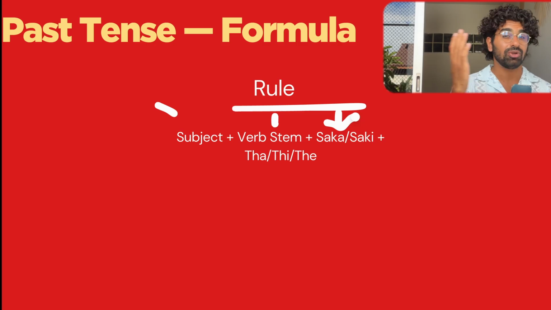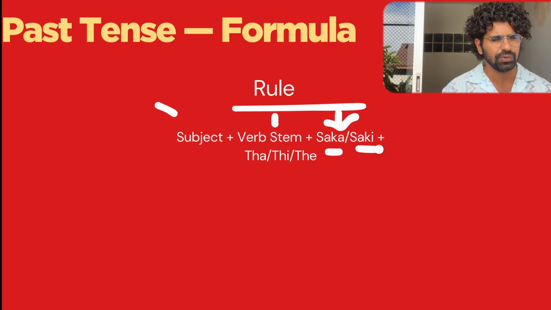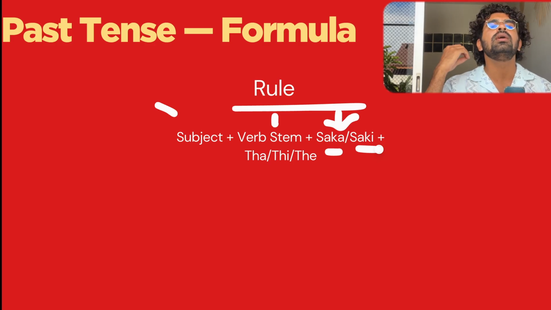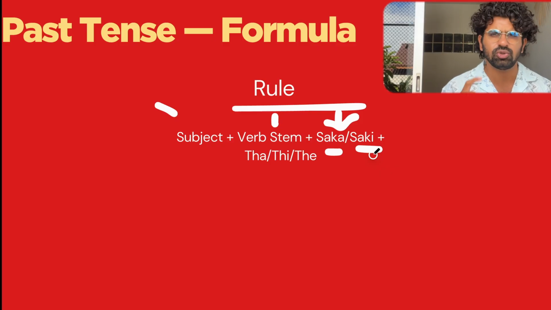From present tense, now it has gone to past tense. And that would be saka for masculine, saki for feminine. And if you have multiple people, we are, and even if you're saying you or they, that would be sake.